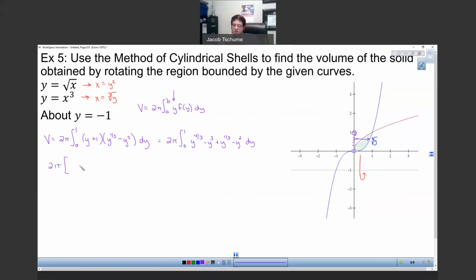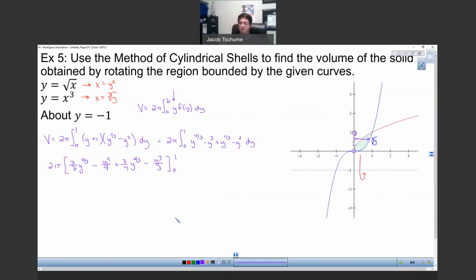Integrating all of those would give us y to the 7/3 multiplied by 3/7, minus y to the 4th over 4, plus y to the 4/3 multiplied by 3/4, minus y cubed over 3, evaluated from 0 to 1.